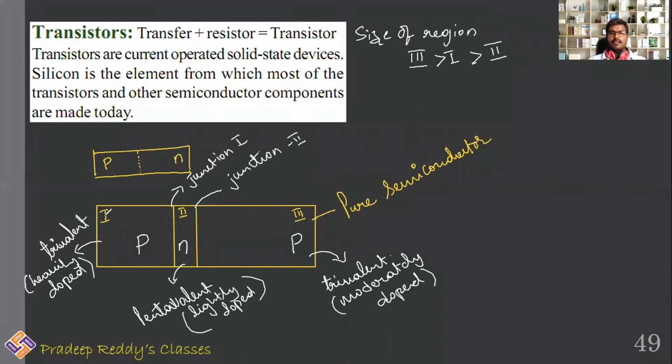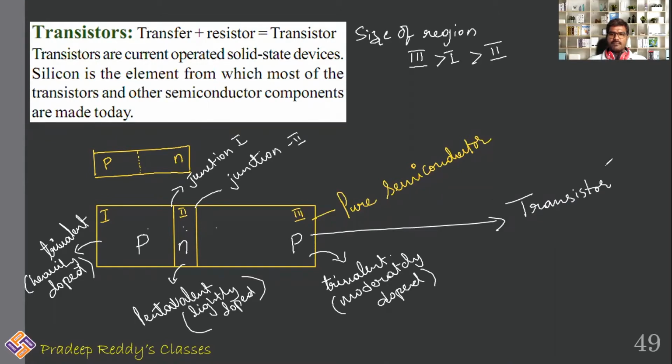The third region we dope with trivalent impurities, again becoming a p-type semiconductor, and that is moderately doped. Because of this doping, there are two junctions in this pure semiconductor: junction 1 between the first p and n type, and junction 2 between the second n and p type. This device is called a transistor.